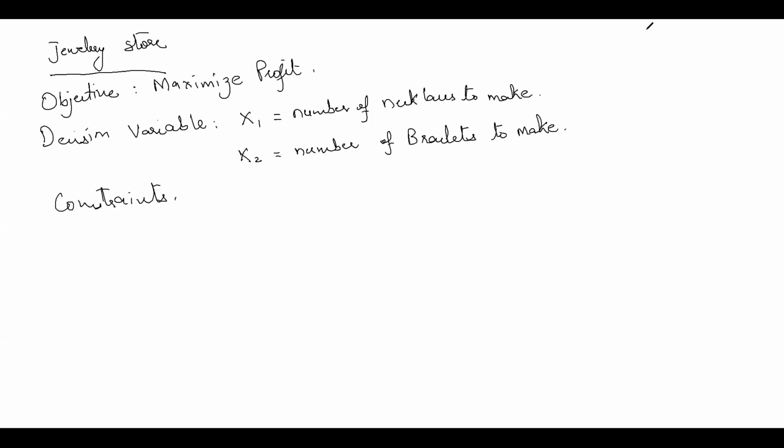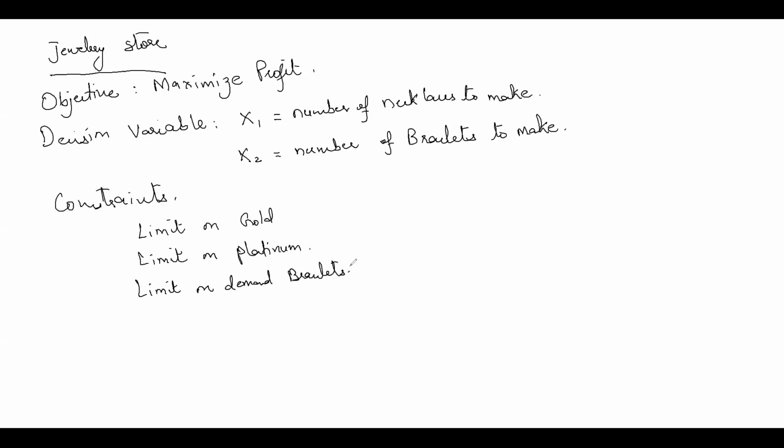All right, so let's put one by one each and everything. The first thing, the constraints: there is a limit on gold. There is a limit on platinum. There is a limit on demand for bracelets.